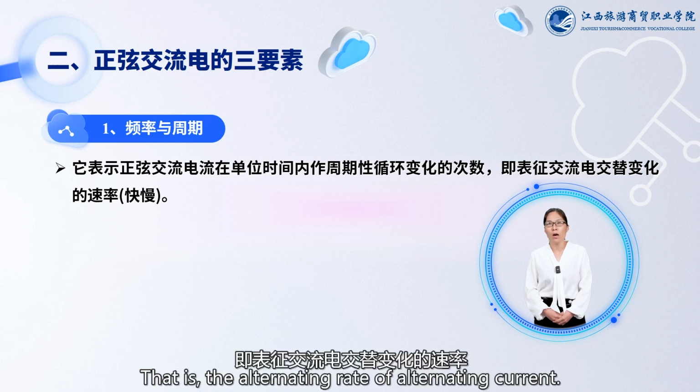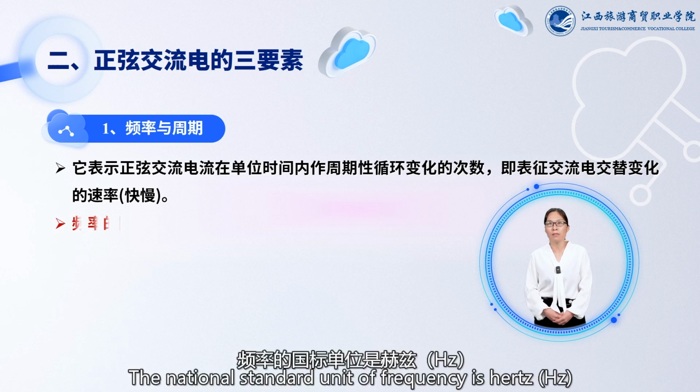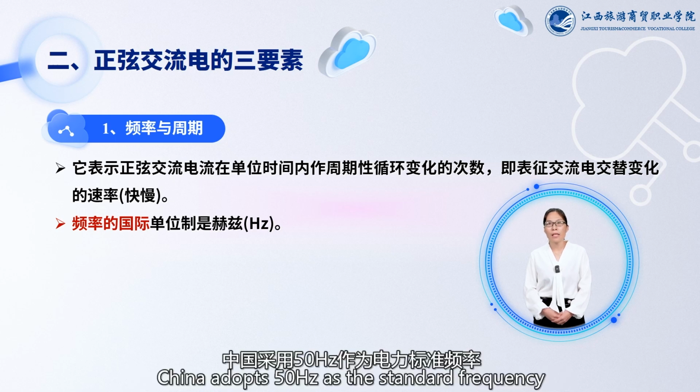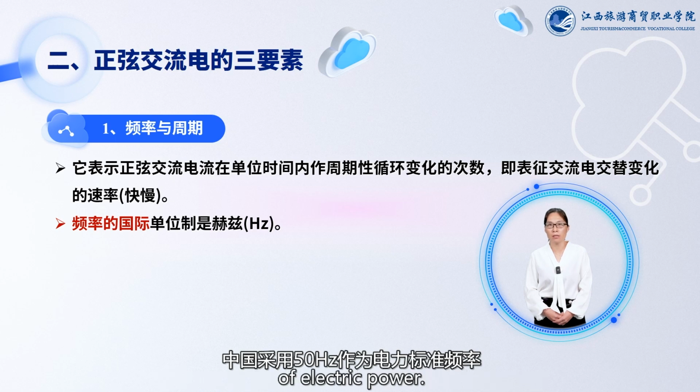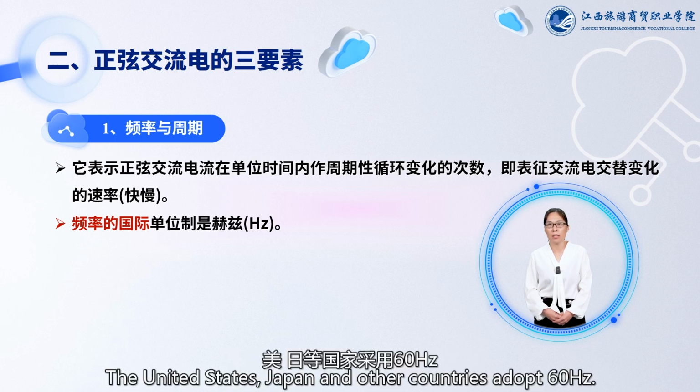That is the alternating rate of alternating current. The national standard unit of frequency is Hertz. China adopts 50 Hz as the standard frequency of electric power. The United States, Japan, and other countries adopt 60 Hz.